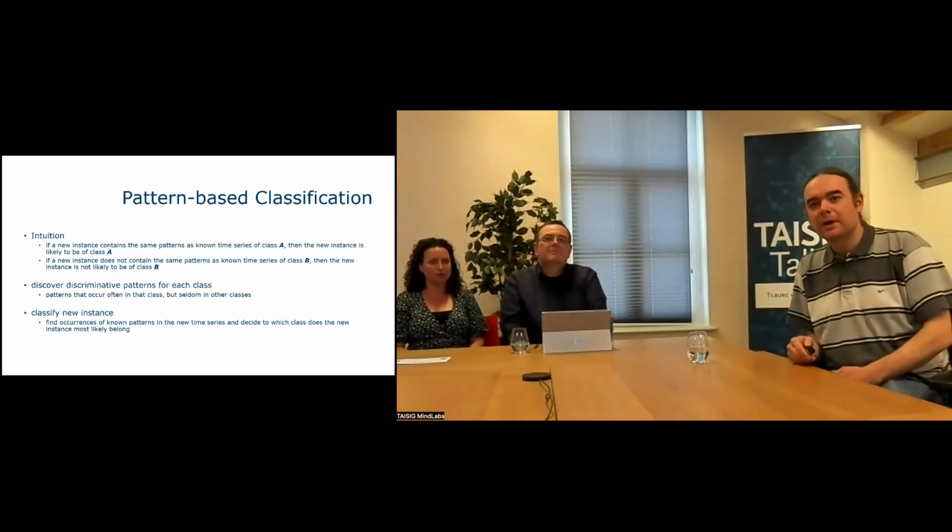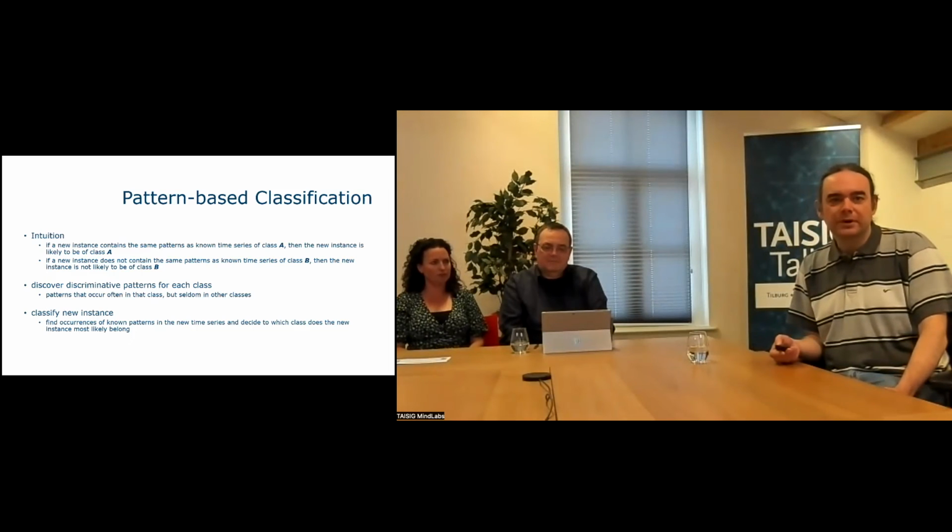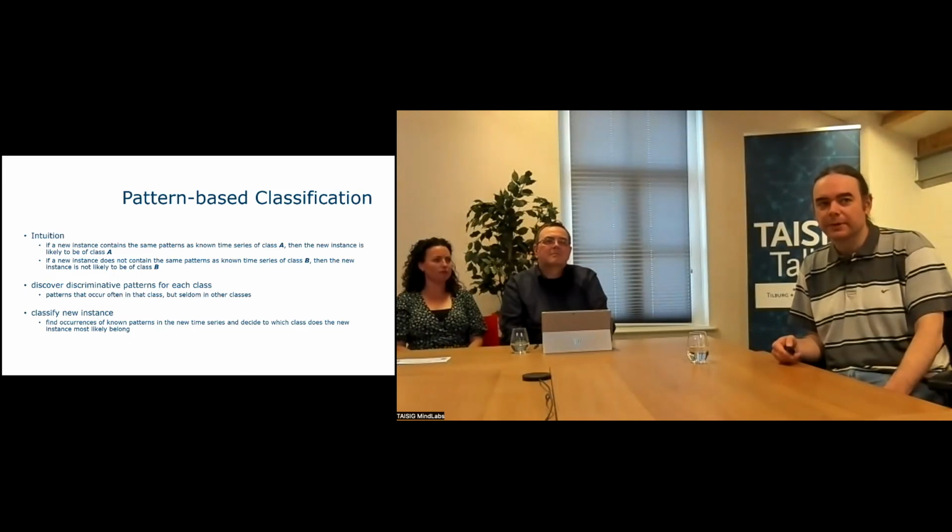So we mine all frequent patterns, and then we see which ones are discriminative. Like I said at the previous example, patterns that are present in all classes are not particularly useful for classification, but patterns that are present in a single class and not present in other classes are. So that's what we mean by discriminative patterns. That's how patterns are selected.